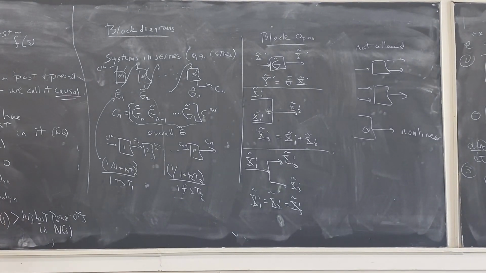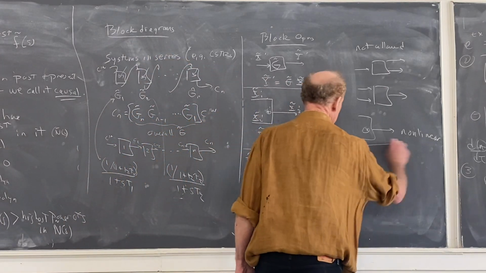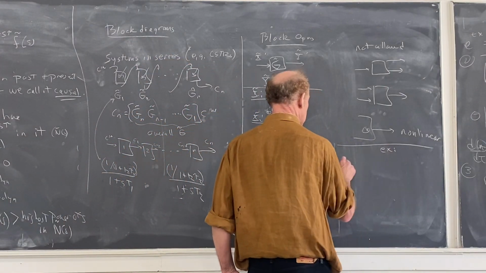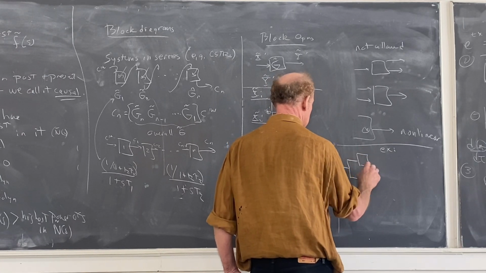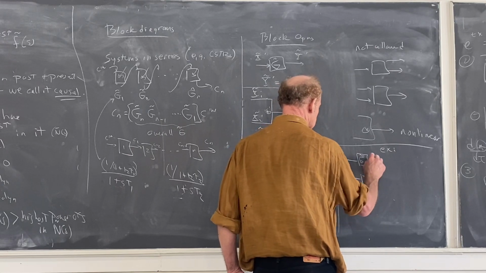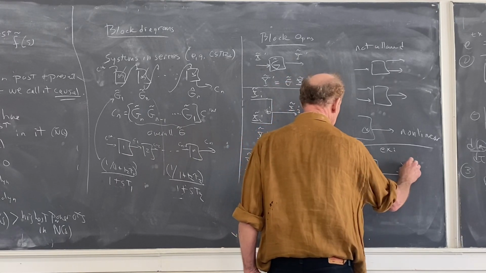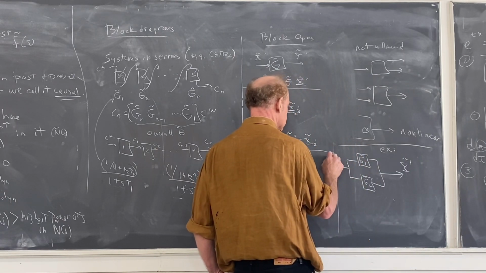Okay, so next, let's do another example. G1 tilde, G2 tilde. Here I have Y prime tilde, here I have X prime tilde.